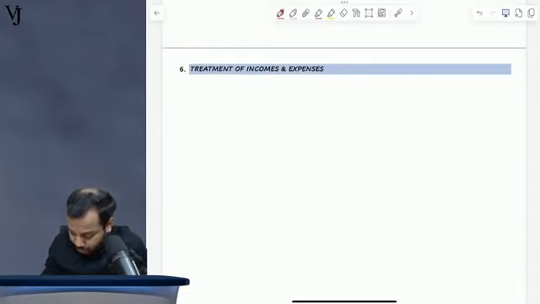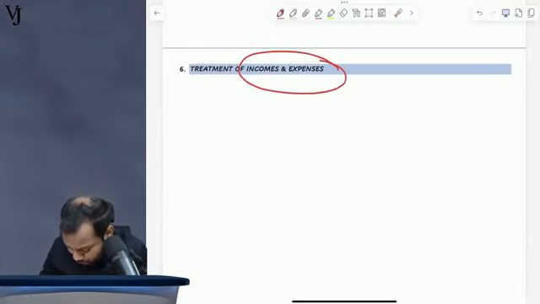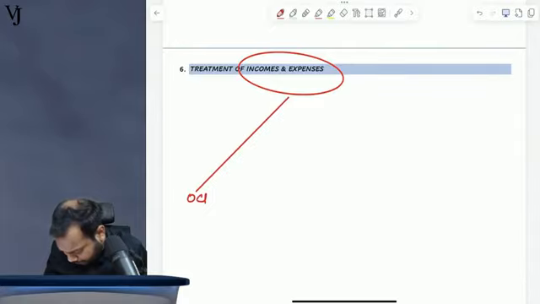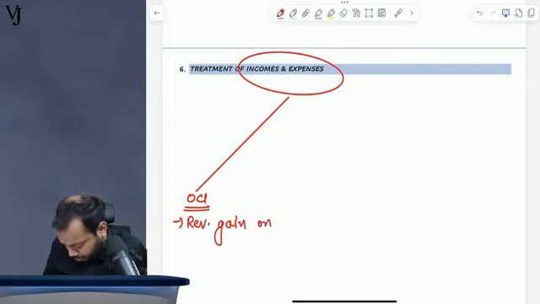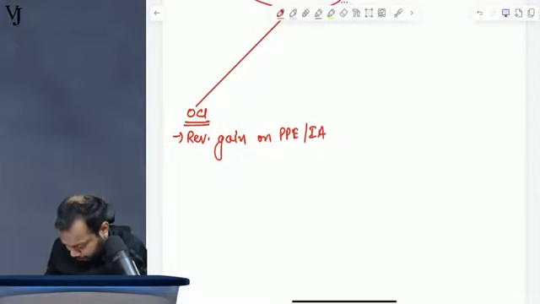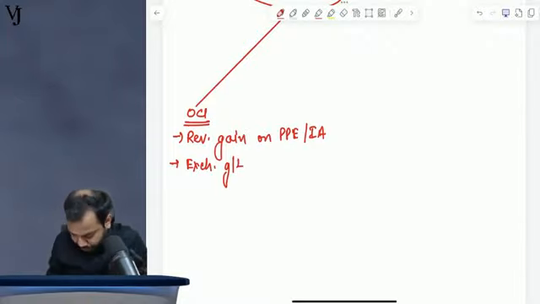Whenever there is an income or expense during the year, under OCI, you write revaluation gain on property, plant, equipment, and intangible assets. You write exchange gain or loss on foreign operations.